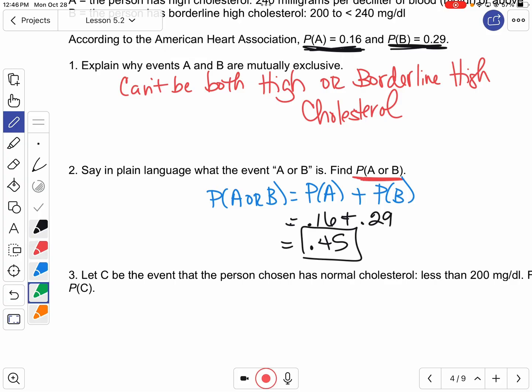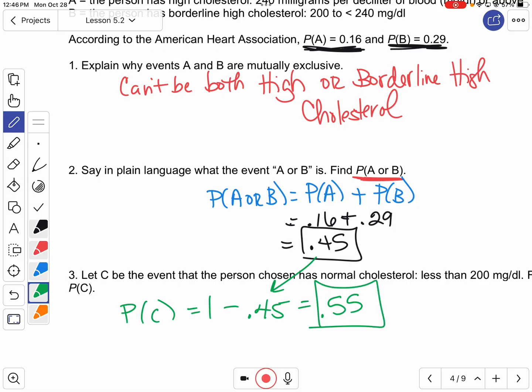We're going to subtract that last probability of both those things that we knew from 1. It should give me what's left over. So probability of C is going to be 1 minus, I got that answer, 0.45. And so what would that leave me? 0.55, it's a complement. Okay, and that's all complement means, is subtract what you already know from 1. Okay, that's all it's telling me to do.